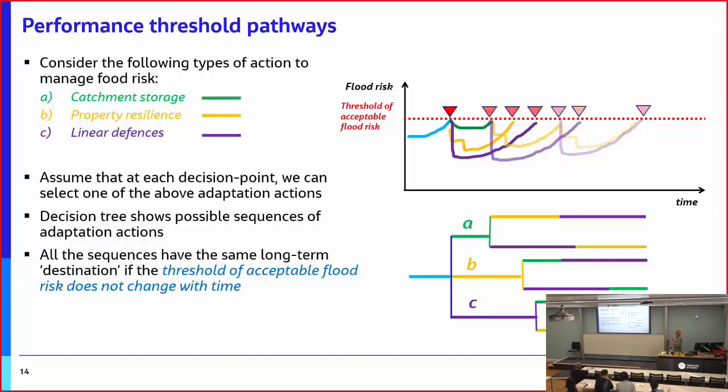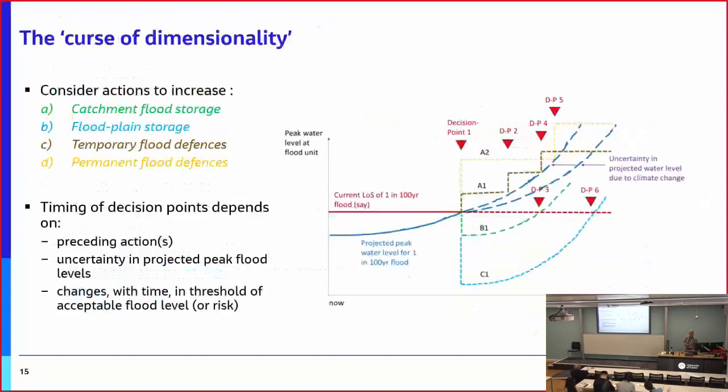But this is a highly simplified graphic for two reasons. One is the threshold of acceptable flood risk changes with time. So that dotted red line will move with time. The second is that usually these are not alternatives, but they are parts of a portfolio of interventions.